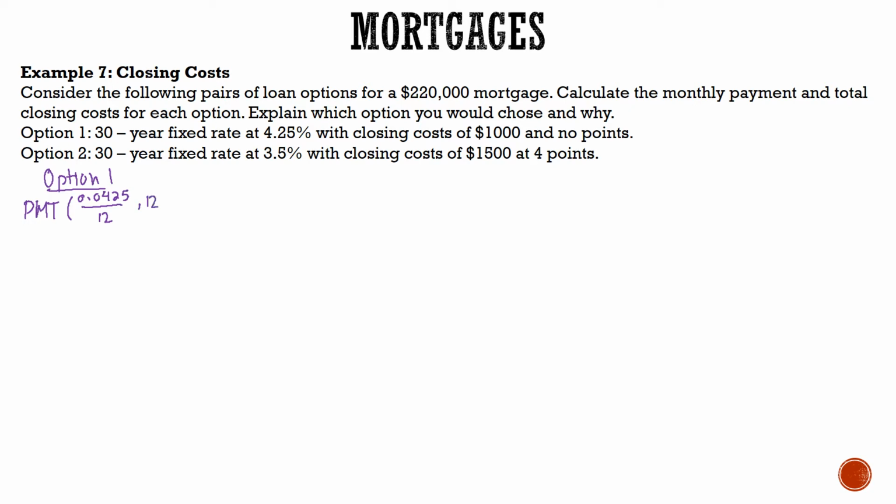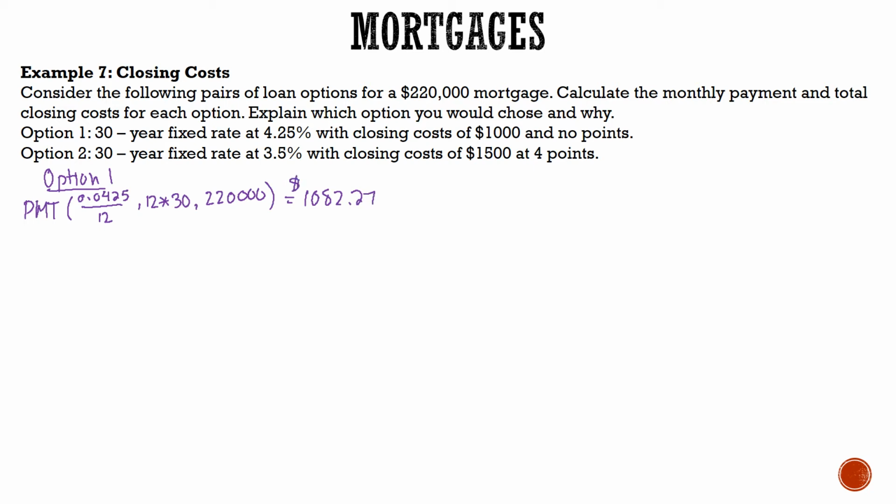And then we take the number of payments times the number of years. This is a 30-year mortgage. And then we're going to put in the amount that we're borrowing, and that's going to be our present value of $220,000. And so our payment in this option is going to come out to $1,082.27.